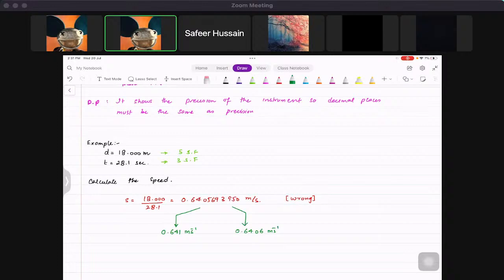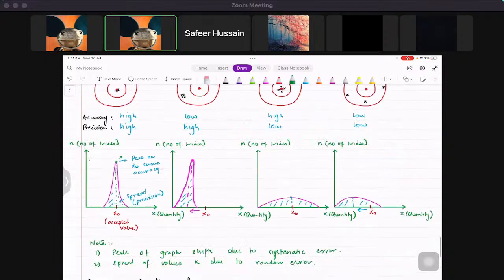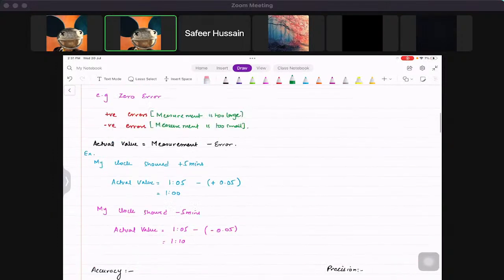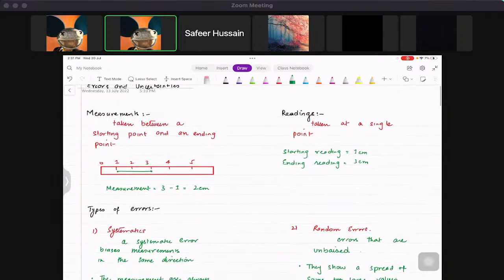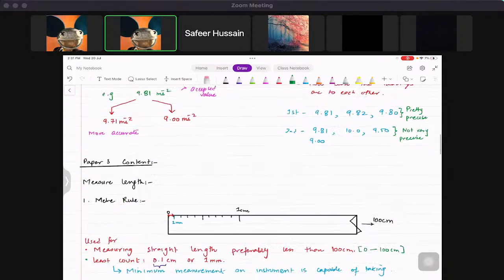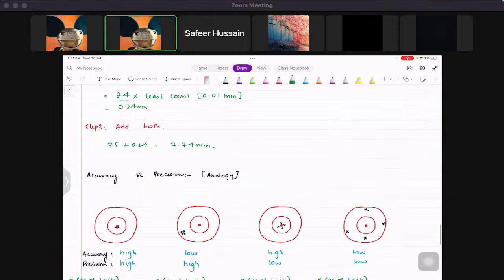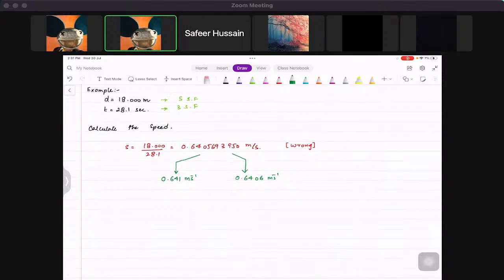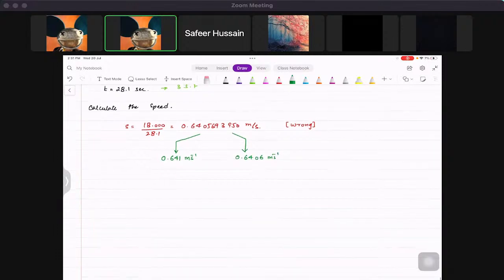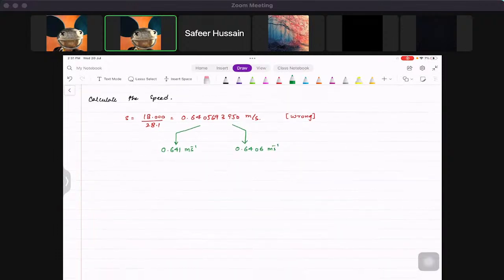Up till now what we have done is we have actually learned about how instruments are dealt with, what are the types of errors and stuff, right? We have done this. But most importantly, whenever errors are there, whether systematic or random, they cause some uncertainty in your answers, right?